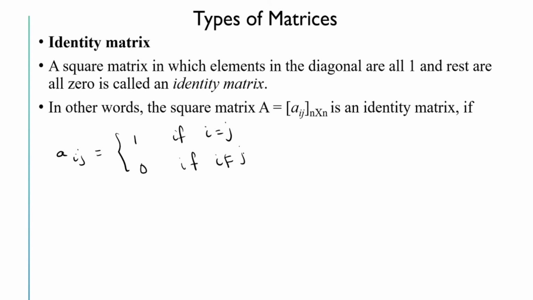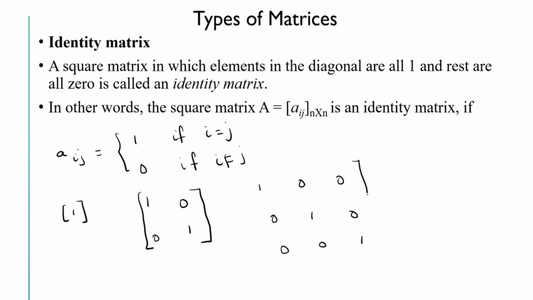So we have 1 is an identity matrix of order 1, then 1 0 0 1 is an identity matrix of order 2, then 1 0 0, 0 1 0, 0 0 1 is an identity matrix of order 3 and so on.